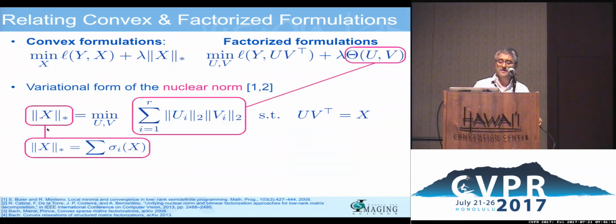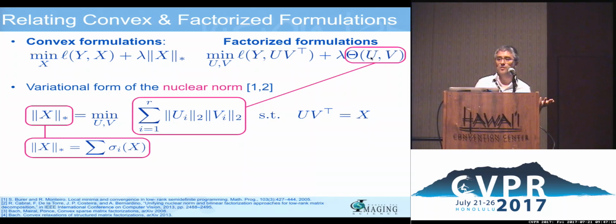Because I'm going to pick that quantity, the sum of the product of norms, exactly as the regularizer for matrix multiplication. And now I'm going to ask you the question, are these two problems equivalent? Well, it appears so, right? Here I just did a substitution. Instead of X, I've got UV transpose, and instead of the nuclear norm, I substituted this.